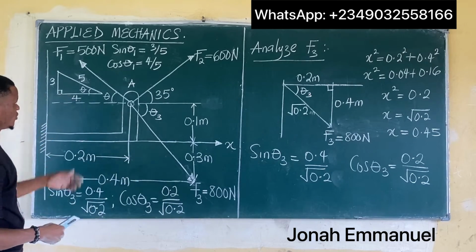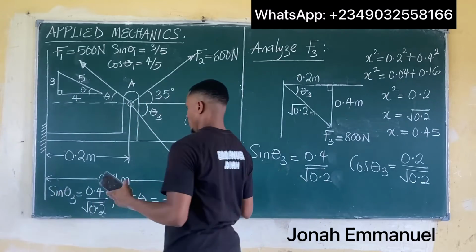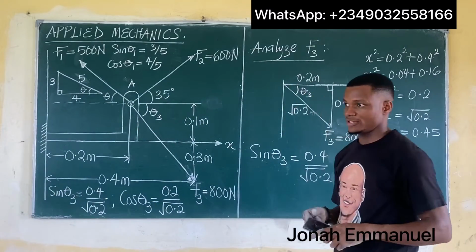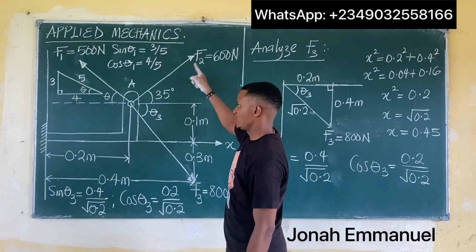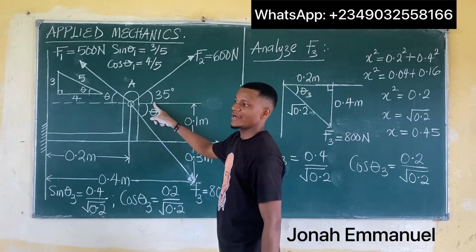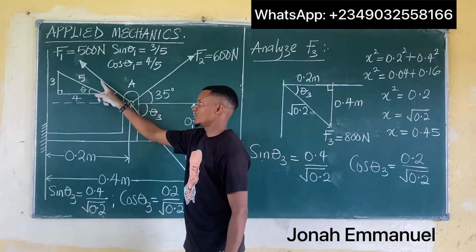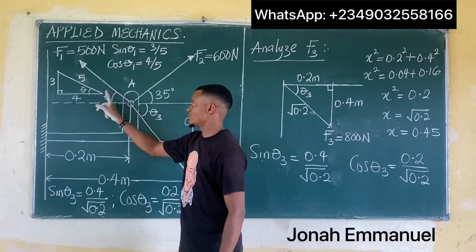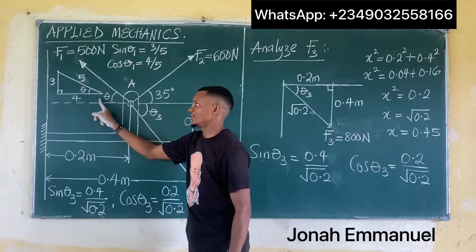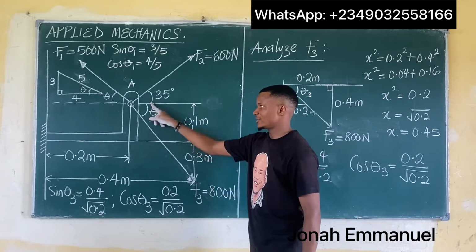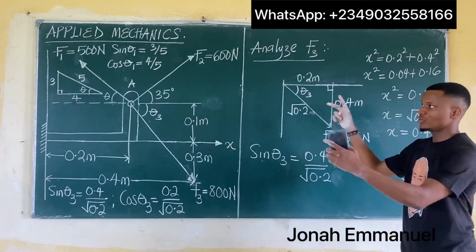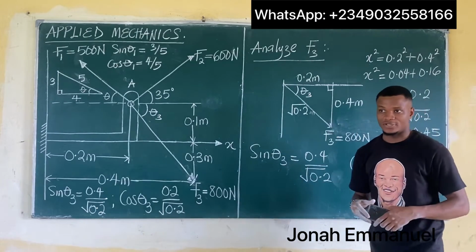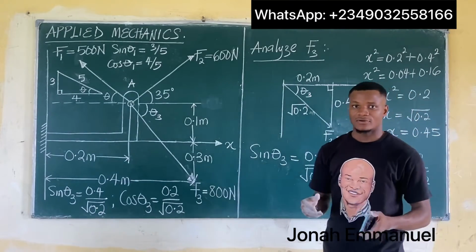We can now proceed to solving this question. For this one, we already have the angle here, so it's not a problem, you can easily resolve. For this one here, there was no angle, so we did this to get the sine and cosine of this. So we are done with the analysis. We can now proceed to solving this question.